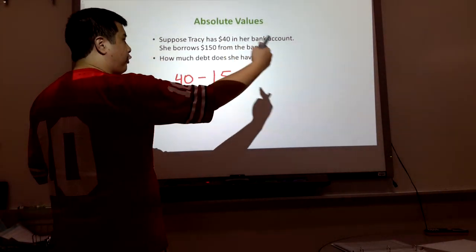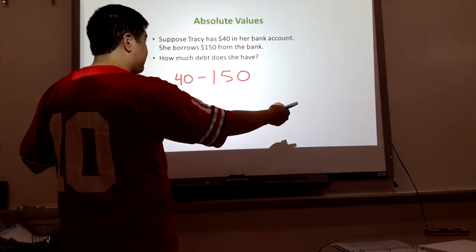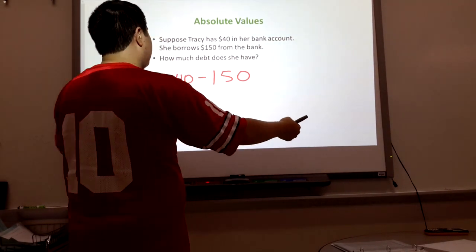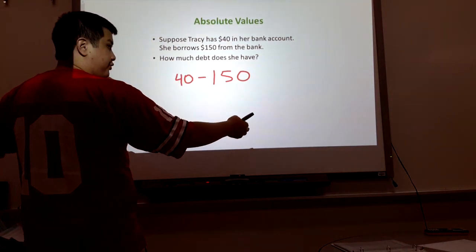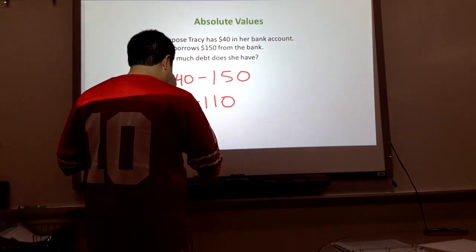Which means we're starting at 40 and moving to the left 150 spots. Which means we're going to go past 0, 40 spots from there, and then an additional 110. So we got -110.